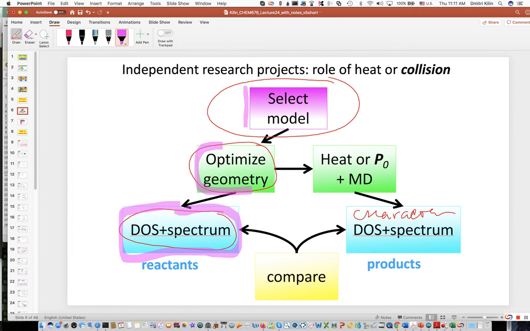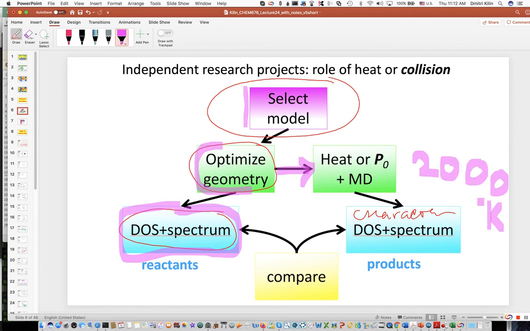Then one takes the model and explores it with thermalization and molecular dynamics. Not necessarily at room temperature. One can get some crazy high temperatures like 2000 Kelvin. It will depend on the nature of the project.